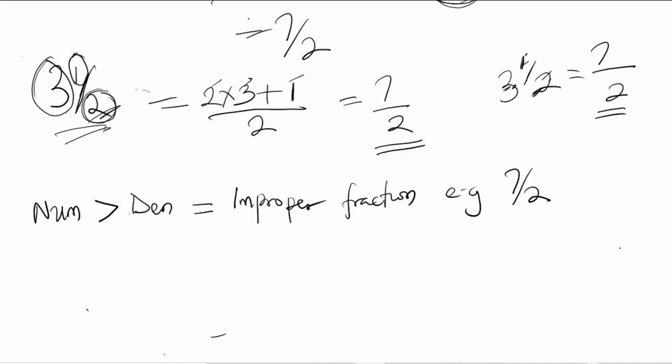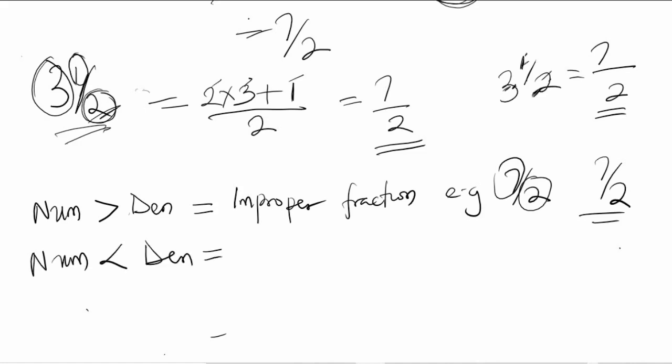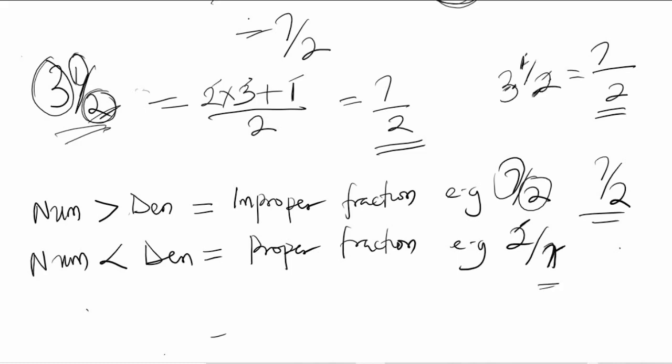The numerator, which is the one on top, is greater than the denominator. Improper fraction. But when the numerator is less than the denominator, it is a proper fraction. E.g., 2 over 7. The numerator is less than the denominator. A proper fraction.